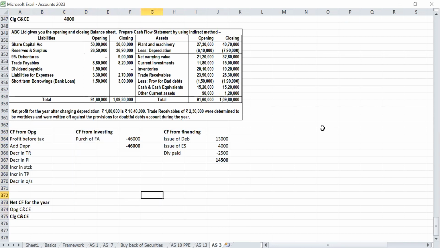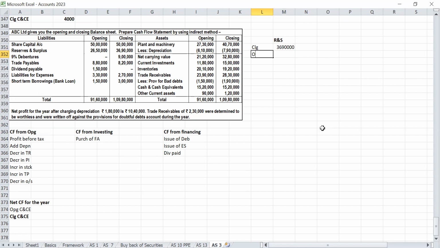ABC Limited gives you the opening and closing balance sheet. Prepare cash flow statement using the indirect method. Liabilities: share capital account, opening 50 lakhs, closing 50 lakhs, so no change. Then reserves and surplus, opening 26 lakh 50,000, closing 36 lakh 90,000.